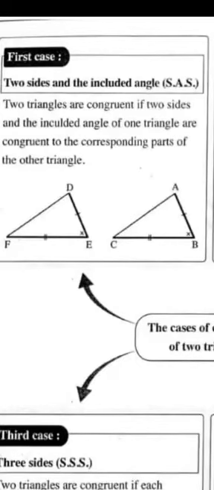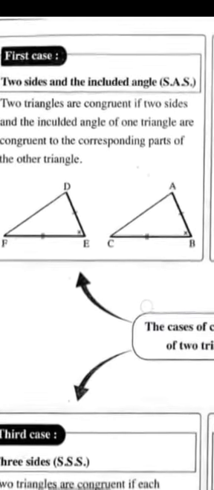The two triangles are congruent if two sides and the included angle of one triangle are congruent to the corresponding parts of the other triangle. We call this case SAS.